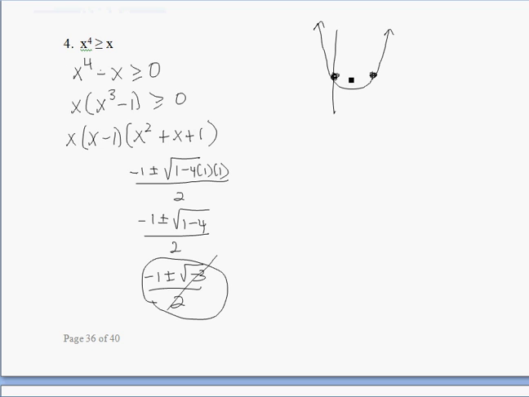We want to have greater than or equal to 0. We want to have this region over here and this region over here. So we would write that solution as -infinity to 0, brackets, parentheses, brackets, 1 to infinity.